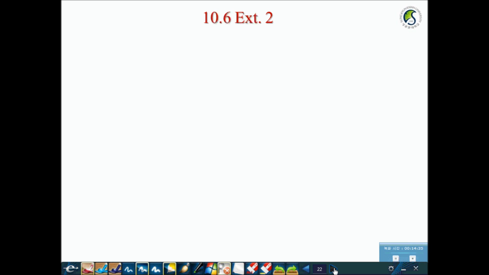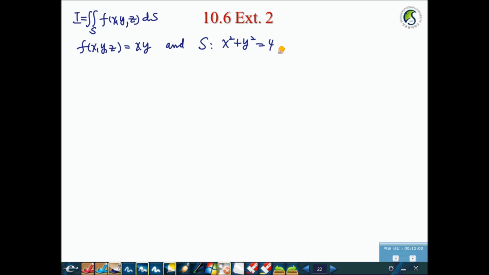Okay, let's take an example. Let's take the integration of xyz ds for f of x, y, z equals xy, and the surface is x squared plus y squared equals 4, with z from 0 to 8, in the first octant.